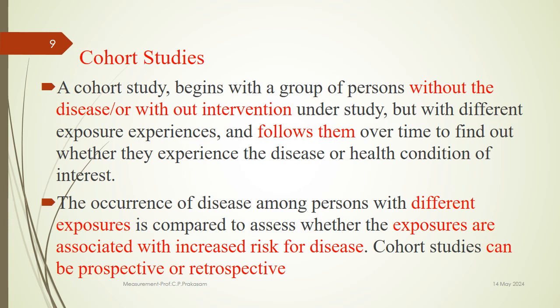That is also known as the occurrence of the disease among persons with different exposures, which is compared to assess whether the exposures are associated with an increased risk of disease.